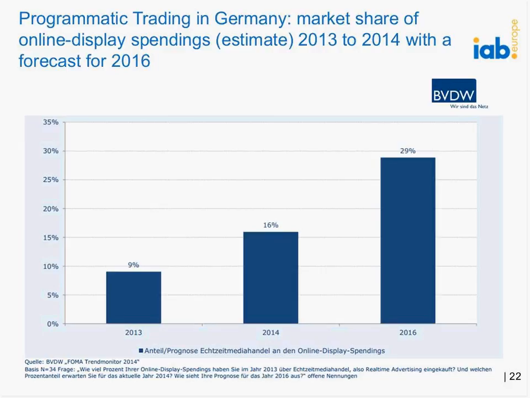These 16% is a number published by the online media agencies in Germany, based on the committee of the online media agencies in BVDW, and it shows that the German market, with about 250 million euro spent via programmatic, is still a small market compared to the other European markets.